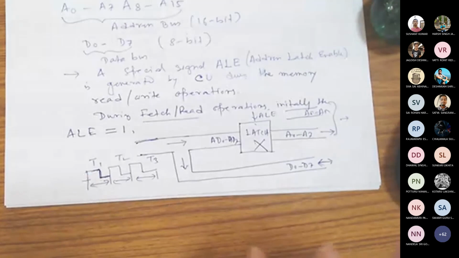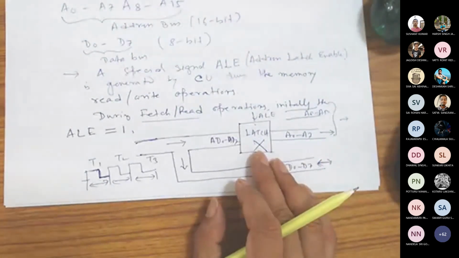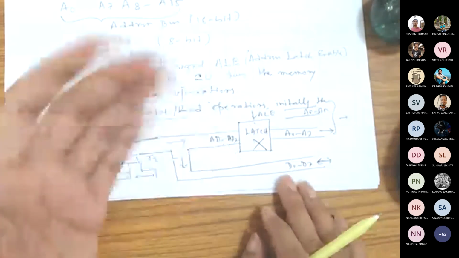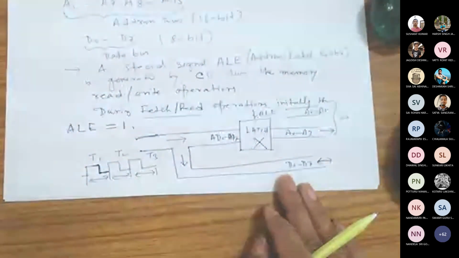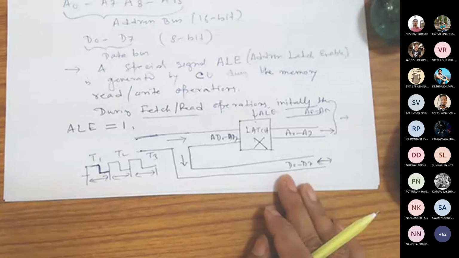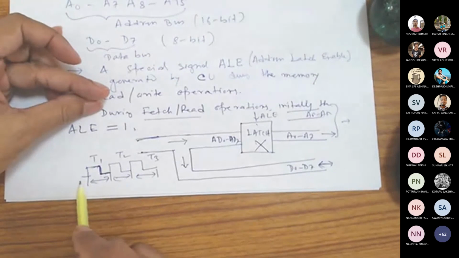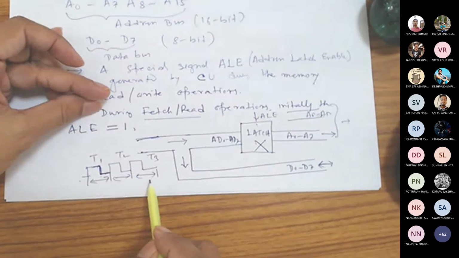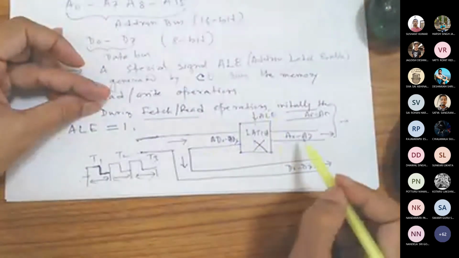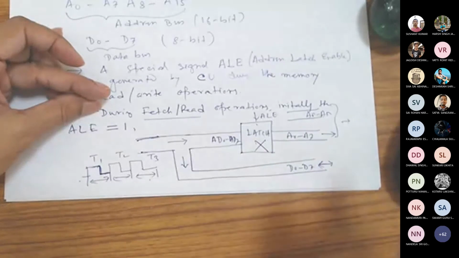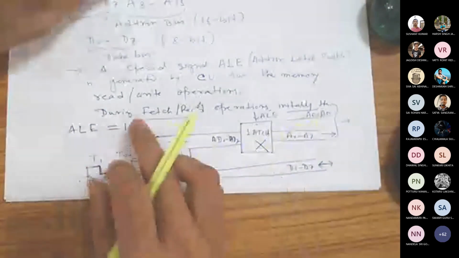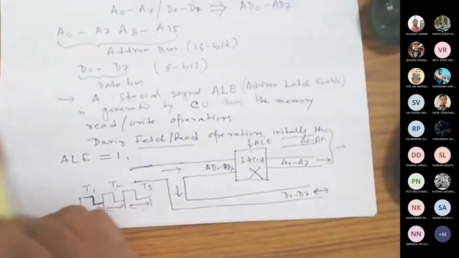Decoding can also be done as in static or dynamic RAM decoding, but from the CPU side, the signals stop here itself. So these 3 clock cycles are needed: 1 clock cycle to latch the address, and the remaining 2 clock cycles to move the value from memory to the processor, or from processor to memory, depending on whether it is a read or write operation.